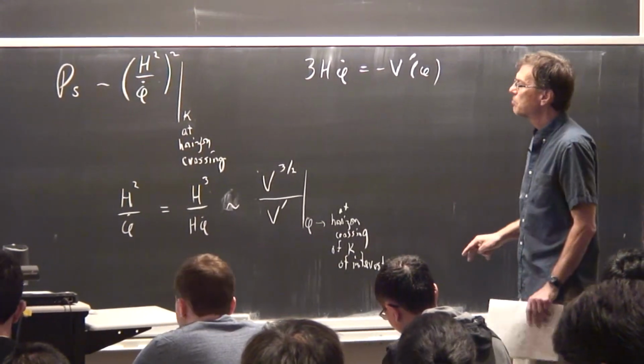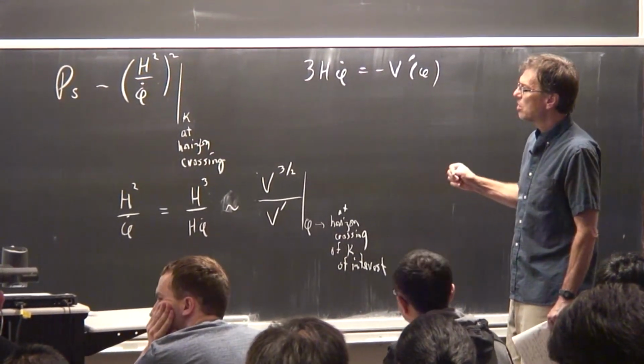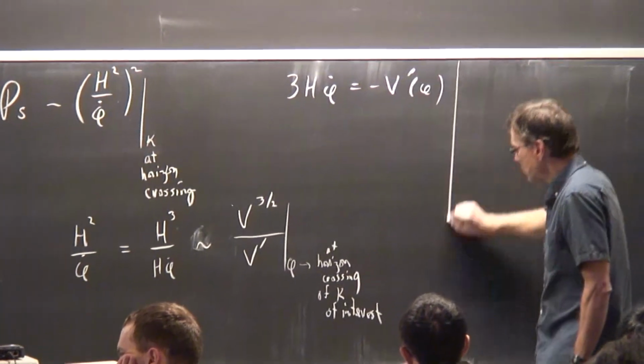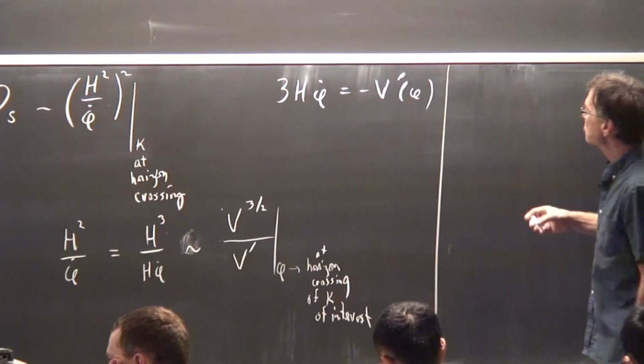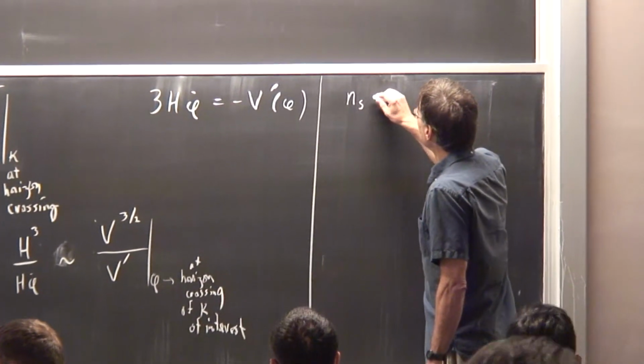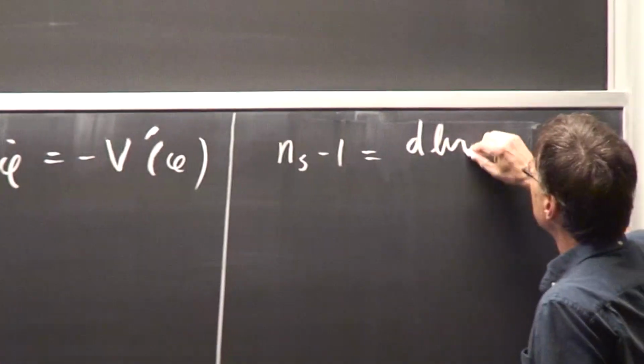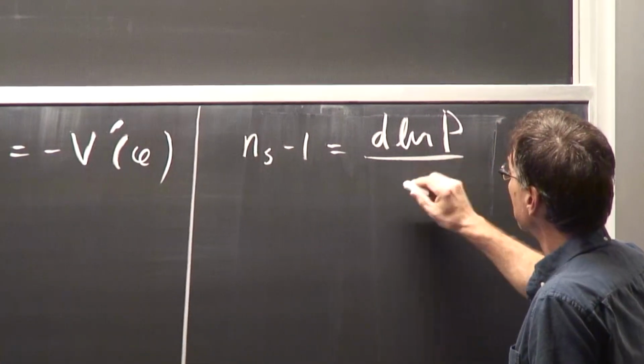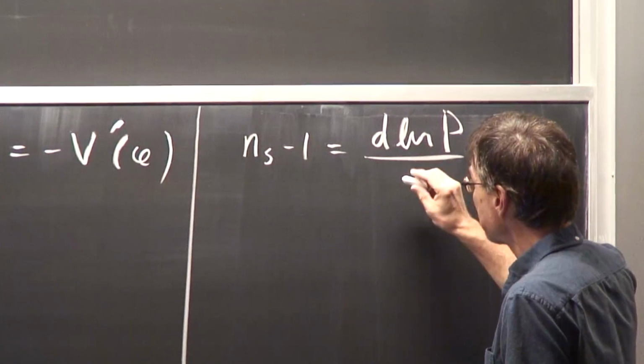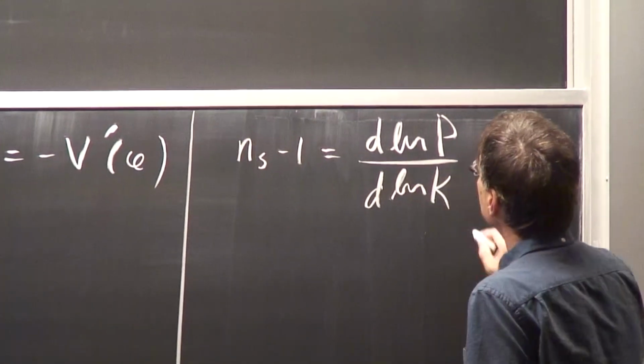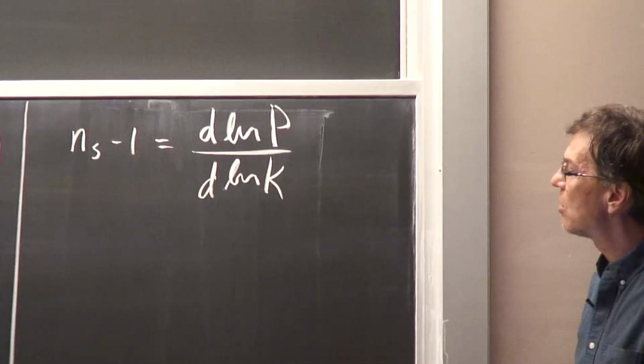But now we can put our formulas together to find out what's the spectral index. Remember, n_s minus 1, that was the logarithmic derivative, d log P d log k.